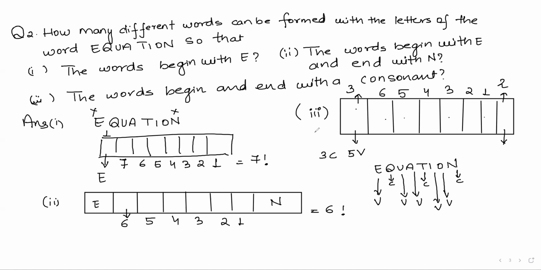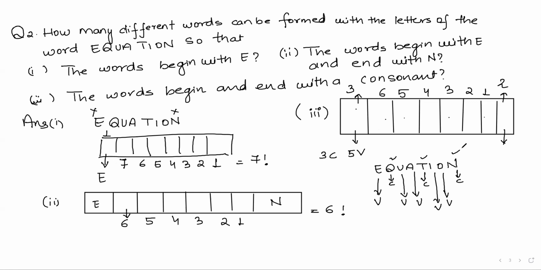Yes, sir. Okay, so the question is the words begin and end with a consonant. So Krishna, how many consonants do we have here? 5, sir. Consonants, not vowels. You have this, you have this, and you have this. So you have three consonants.